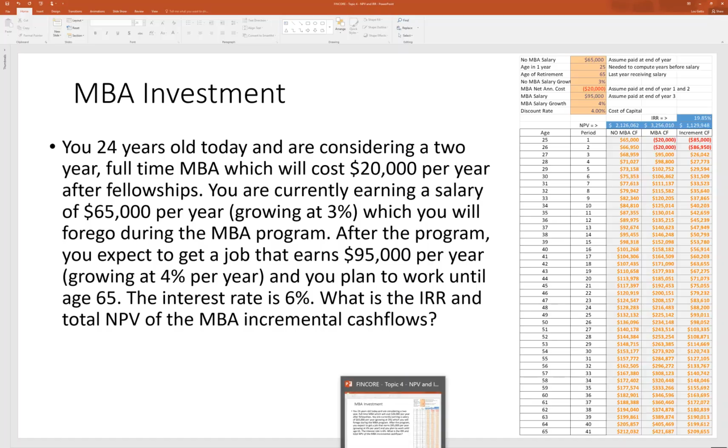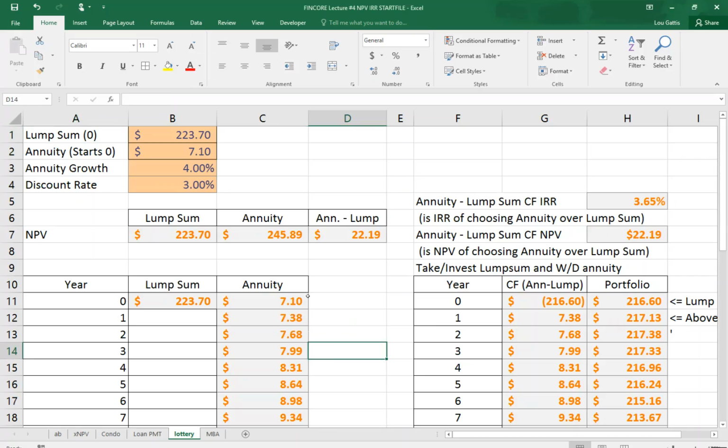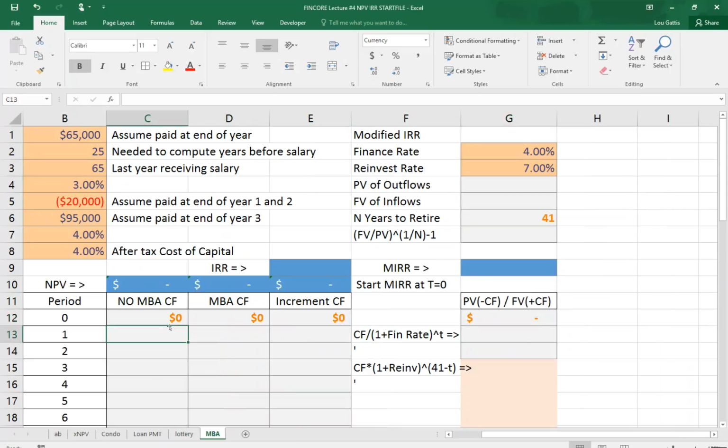What is the NPV and IRR of getting an MBA at the young age of 24? That seems like a little young, but let's try it. Let's say there's no cash flow today. Let's say if you don't get an MBA, you're going to get a salary at the end of next year of $65,000. That salary is then going to grow at 3%.